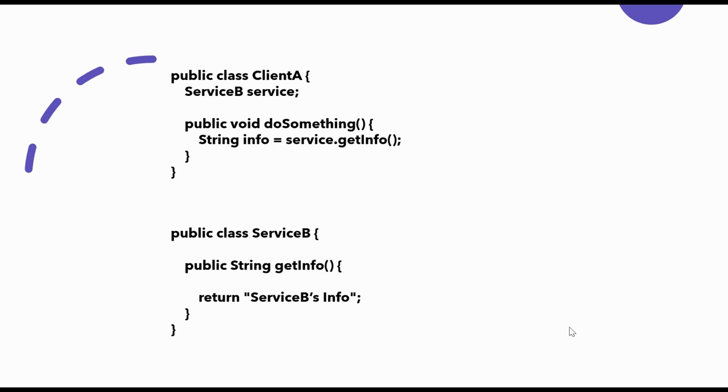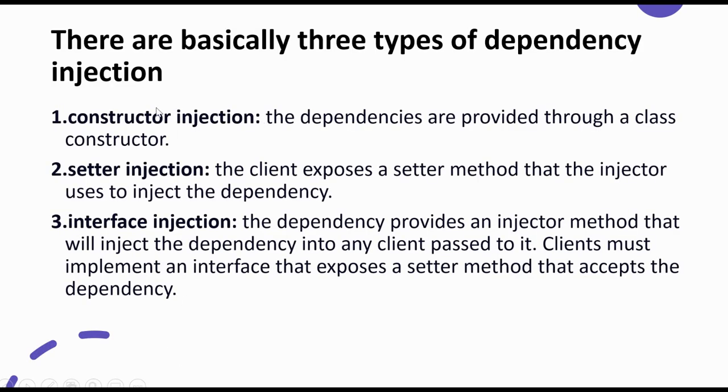Before understanding the concept, let us understand how many types of dependency injection we have. If we look at the slide, there are three types of dependency injection. First is constructor injection, second is setter injection, and third is interface injection.